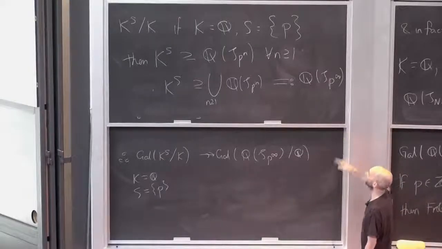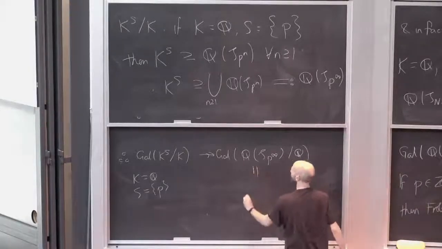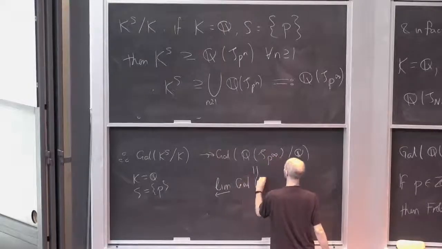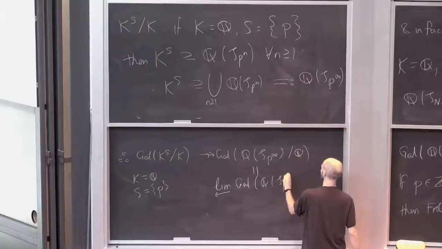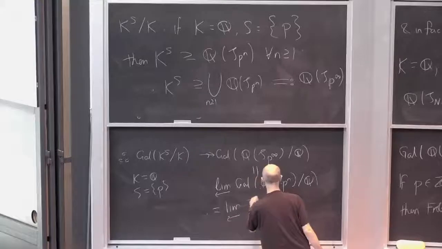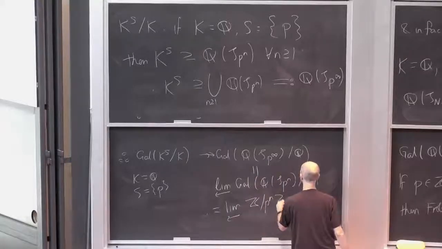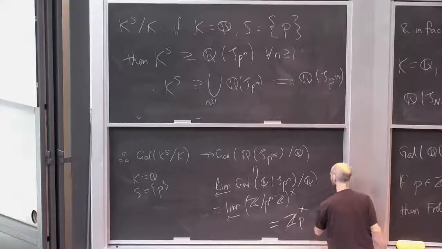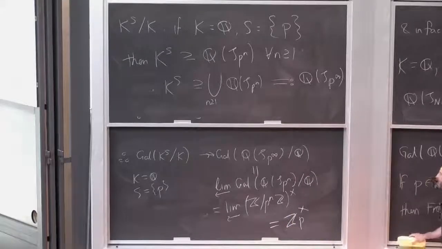Gal(Q(zeta_P^infinity) over Q) will be, by definition, the projective limit of Gal(Q(zeta_P^n) over Q). And that will be the projective limit of (Z mod P^n Z) star, and that will be Z_P star, the p-adic integers.